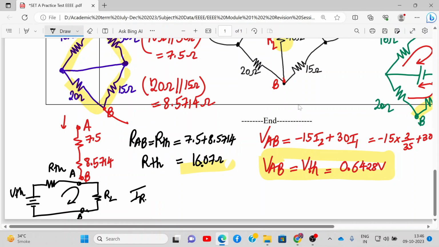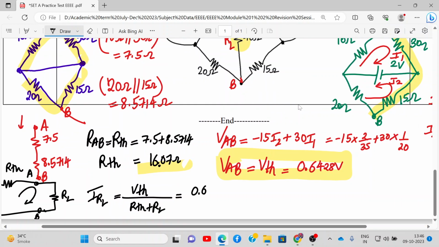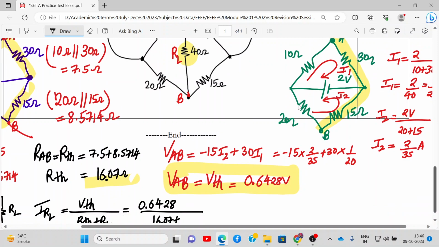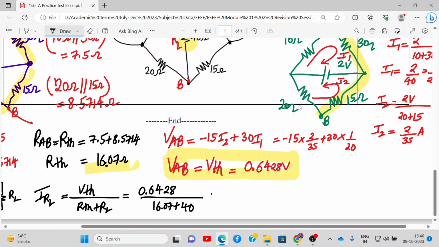So what will be the current flowing through this resistor? IRL will be VTH upon, simple Ohm's law, RTH plus RL. So basically VTH is 0.6428 divided by RTH, which is 16.07, plus RL. RL value is around 40 ohms, plus 40.